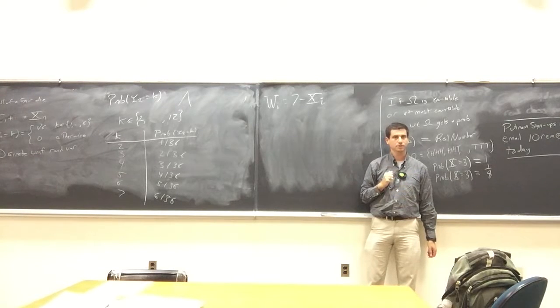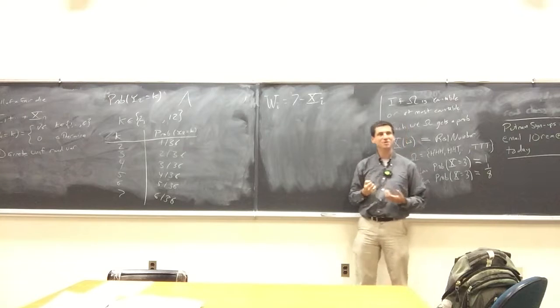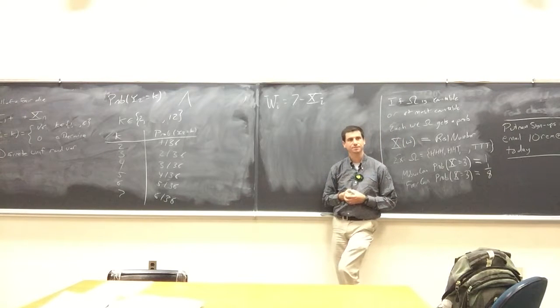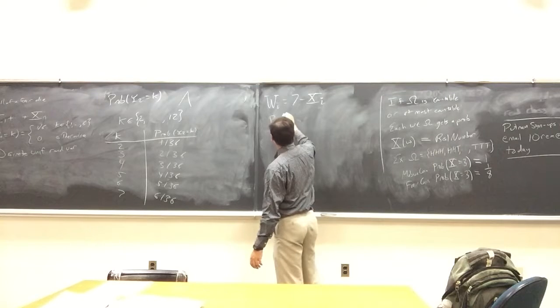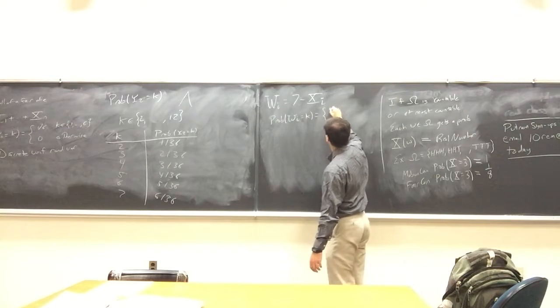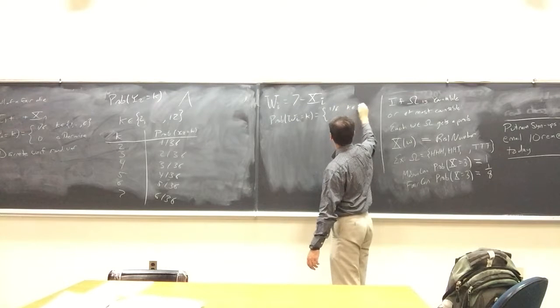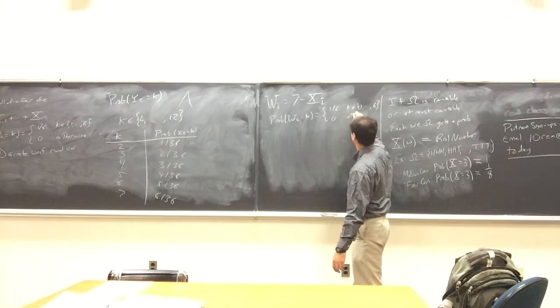Okay? What are the possible values of Wi? 1 through 6. What's the probability Wi equals 4? 1/6. So the probability Wi equals k is also 1/6 if k is in 1 to 6 and 0 otherwise.